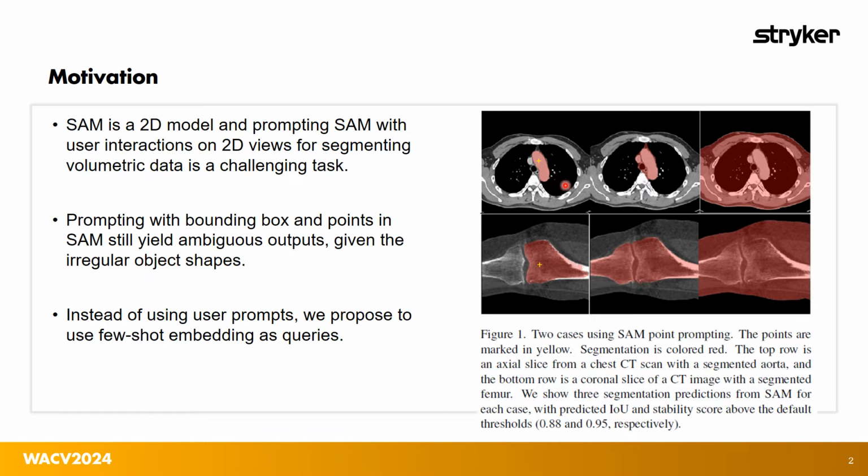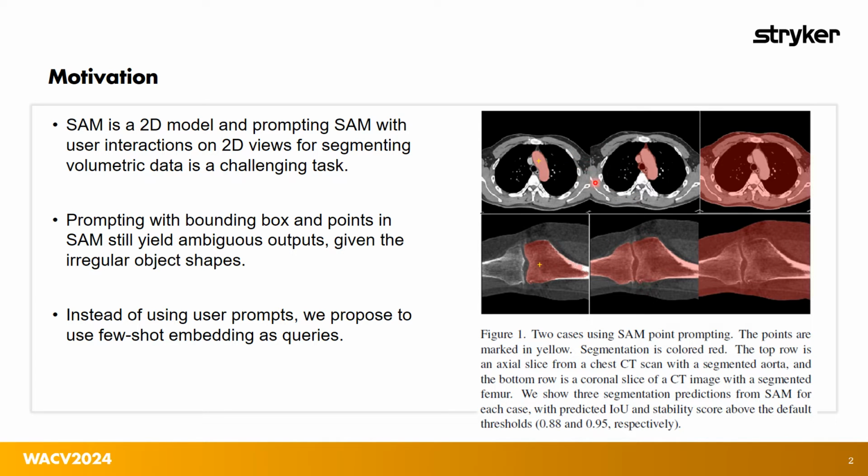This is also partially because in medical images, the target object and the neighboring objects are not very easily distinguishable, because in terms of intensities, there are no clear boundaries whatsoever. So one has to deal with this situation.